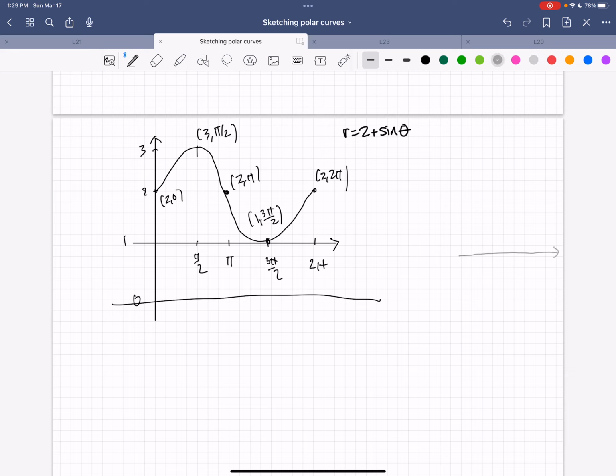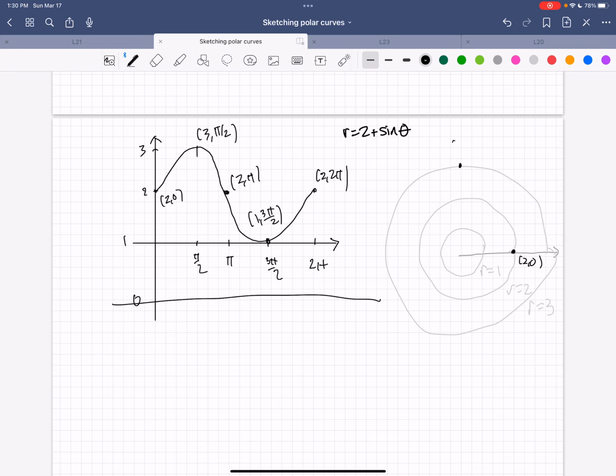So this is our polar axis. Let's say this is the radius equals 1 circle. This is the radius equals 2 circle. This is the radius equals 3 circle. So we start at, when the angle is 0, we've got this radius of 2. Then when the angle is pi over 2, we get the radius of 3.